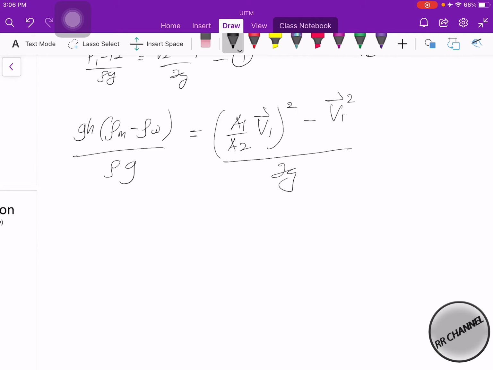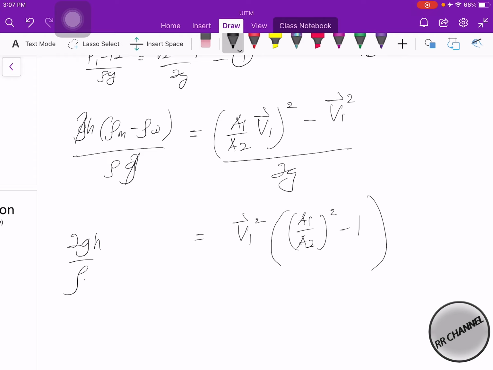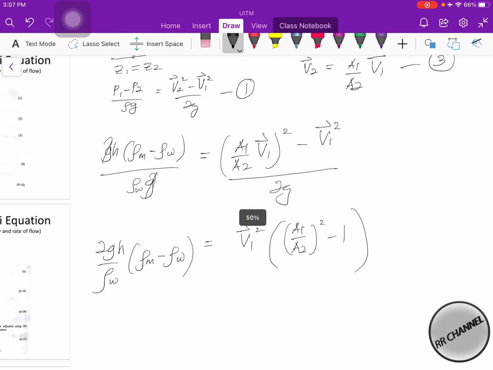So I will rearrange for V1: V1 square times bracket A1 over A2 square minus 1 on one side, and on the left hand side 2g h over rho of the water times rho M minus rho of the water. This is rho of the water because we apply the Bernoulli at the water.